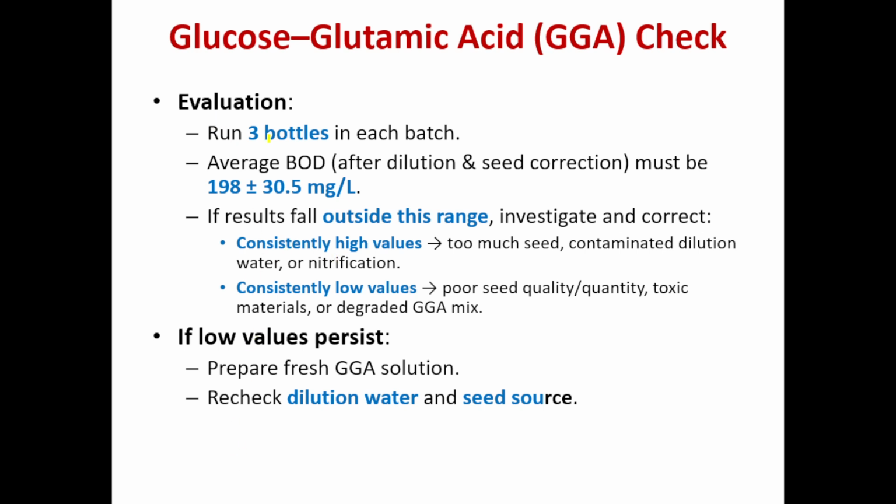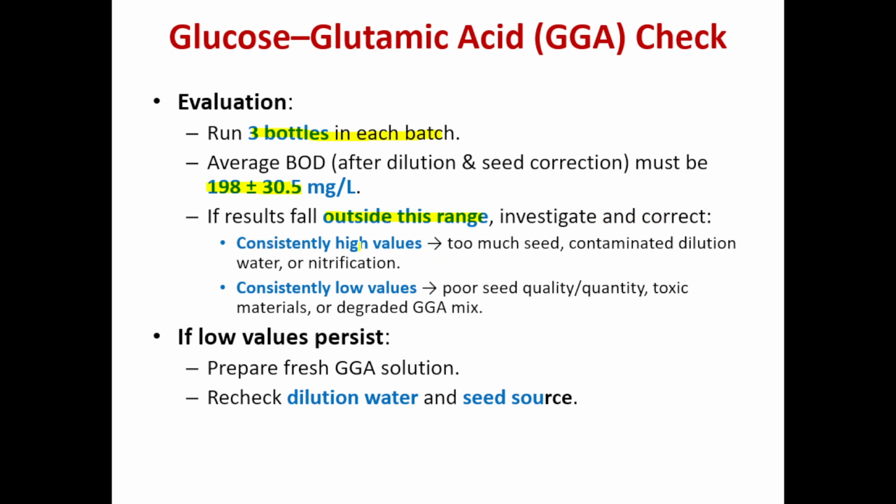So we need to run 3 bottles in each batch, and the average BOD of these bottles after dilution and seed corrections must be within this range, that is 198 plus or minus 30.5 mg per liter. If the result falls outside this range, we need to investigate and correct.